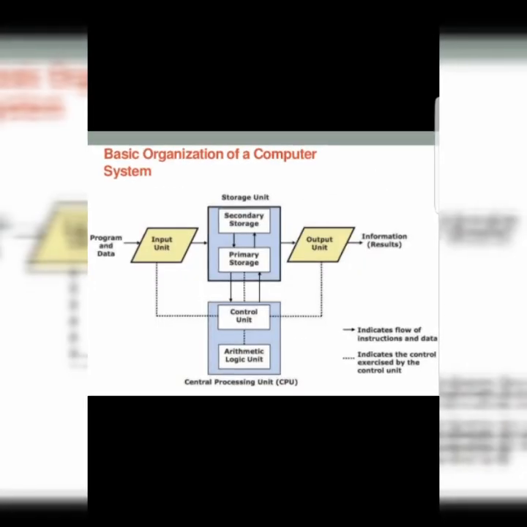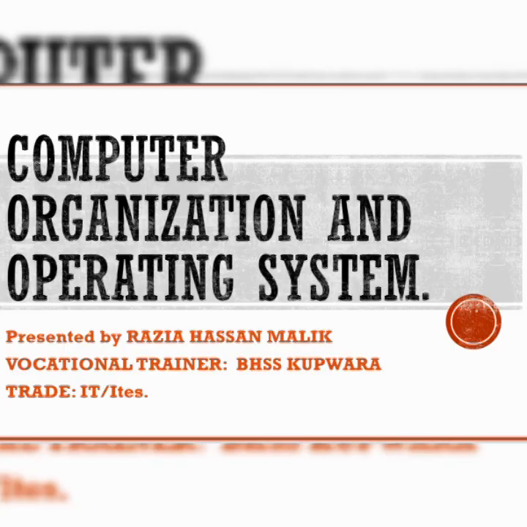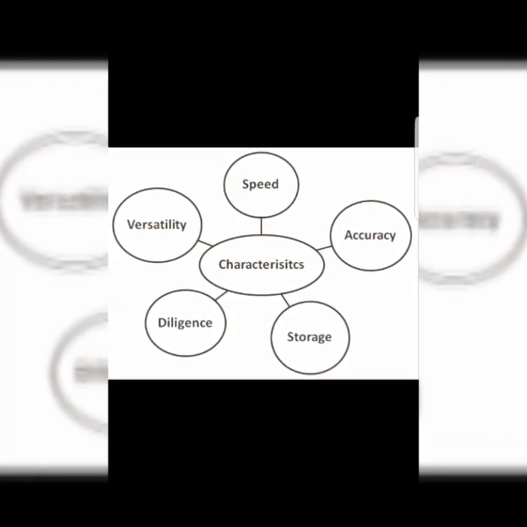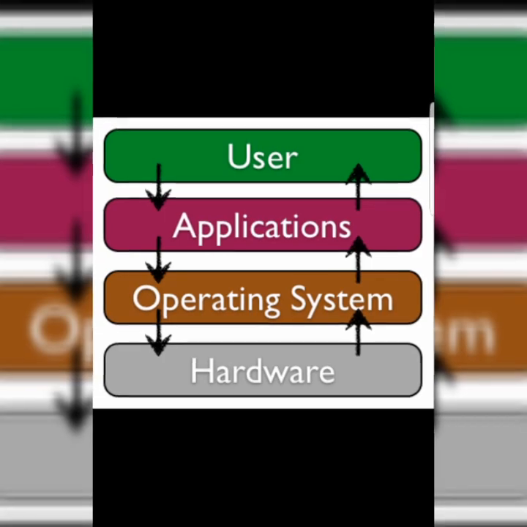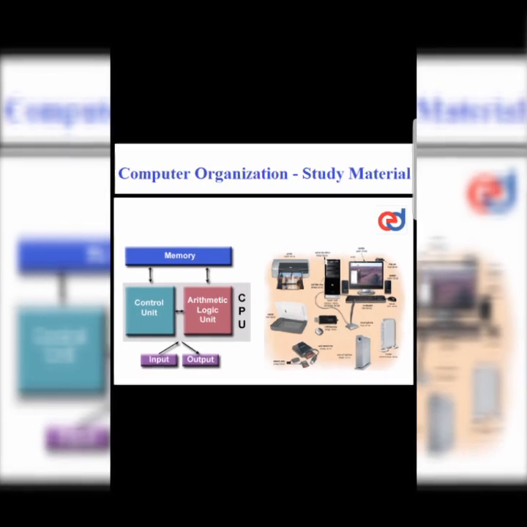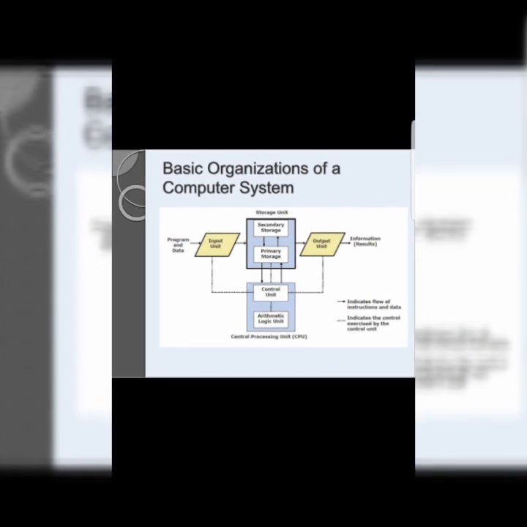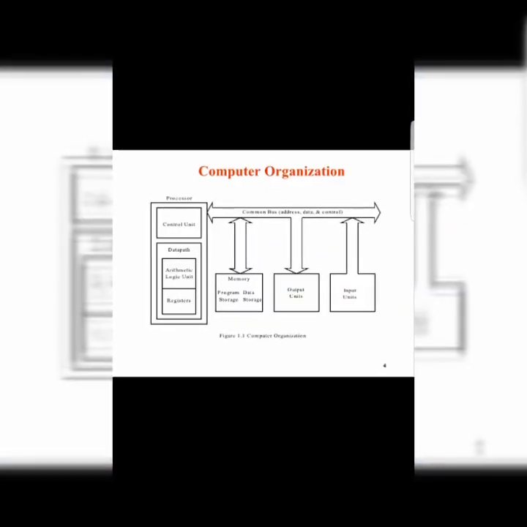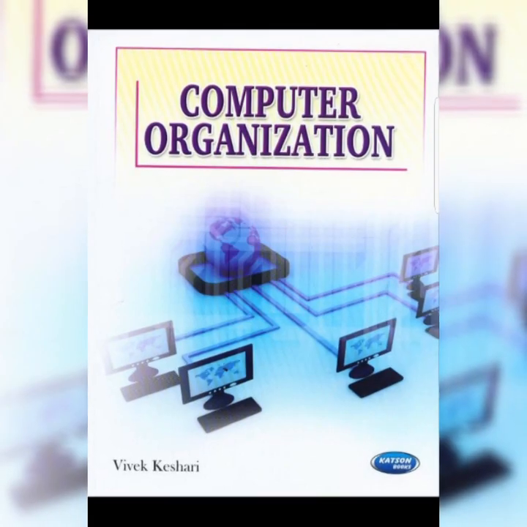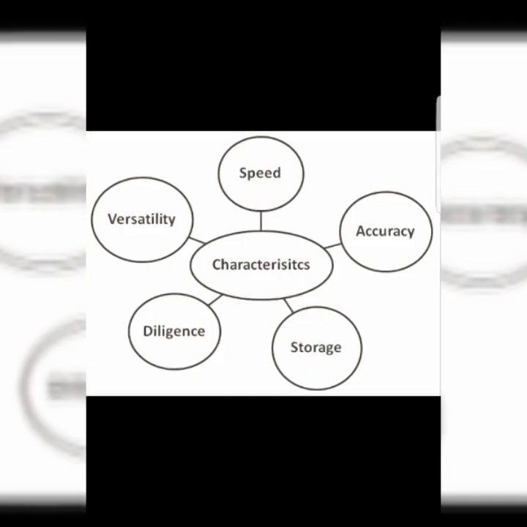It can perform instructions in 10 raised to power minus 3 seconds, that is milliseconds, or 10 raised to power minus 6 seconds, that is microseconds, which means millions of instructions per second. Then we have nanoseconds, 10 raised to power minus 9, and we have 10 raised to power minus 12, that is picoseconds.